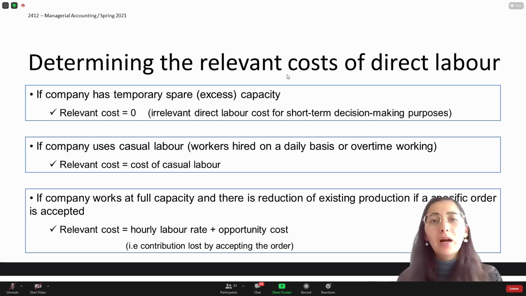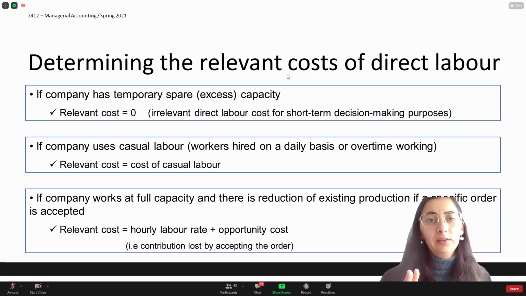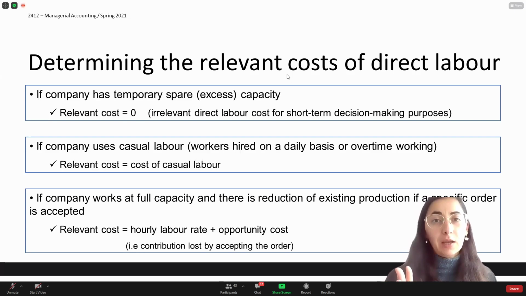It is the contribution margin lost from what I stop producing. So if I'm at full capacity, my employees are working on something else. If I want to accept a new order, they have to stop working on that, and I will lose the contribution margin of what they stop producing. That will also be included in the relevant cost of labor for this special order.